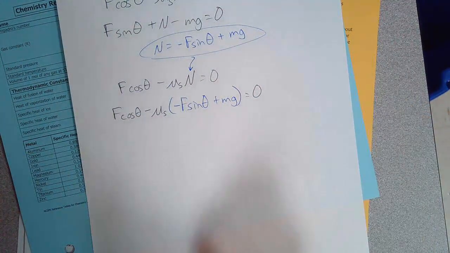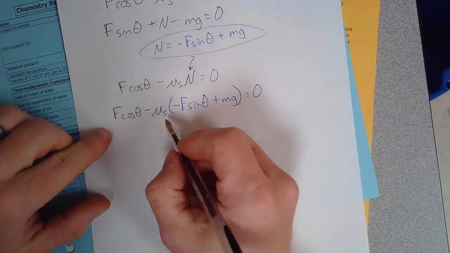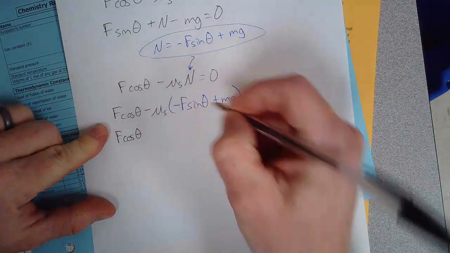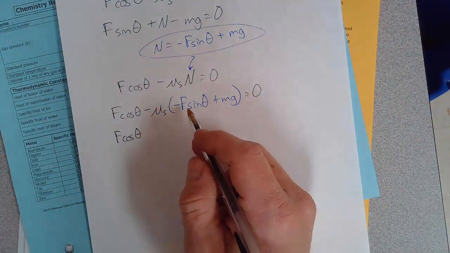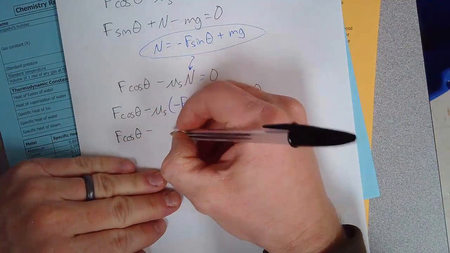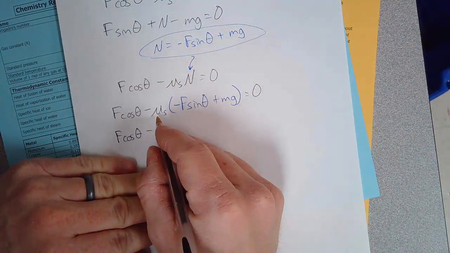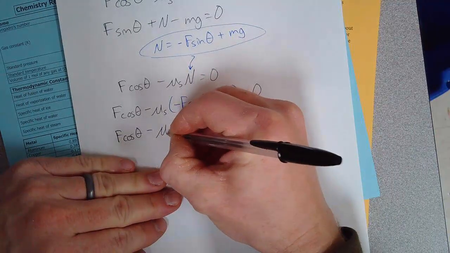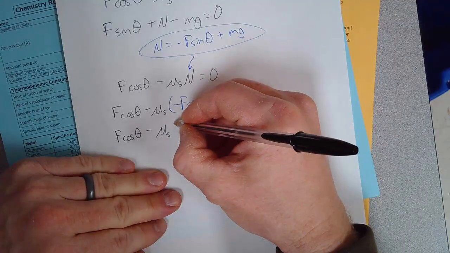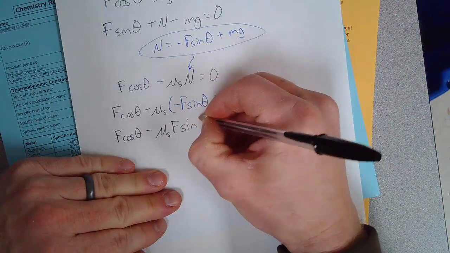So let's see. Let's distribute first, because I can't really get f out of the parentheses just yet. So distribute mu s to everything: f sine theta.